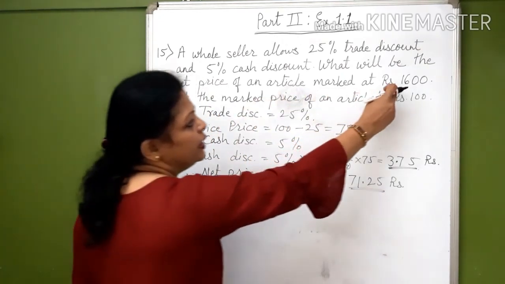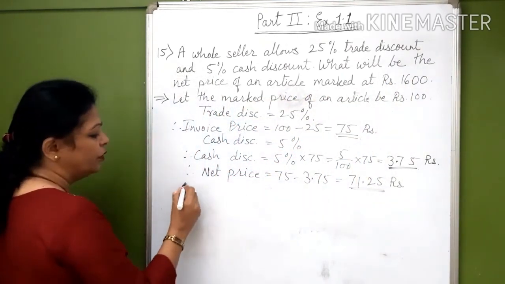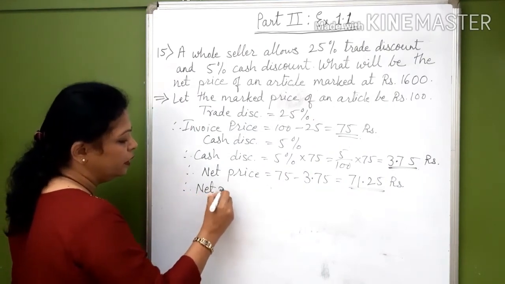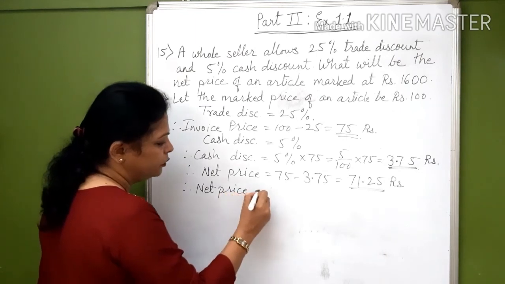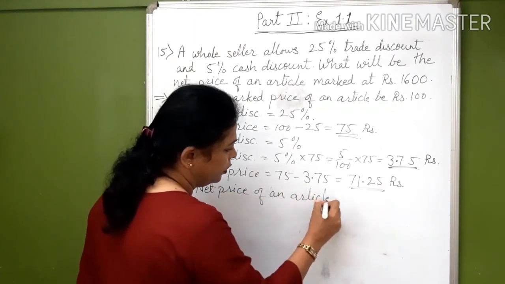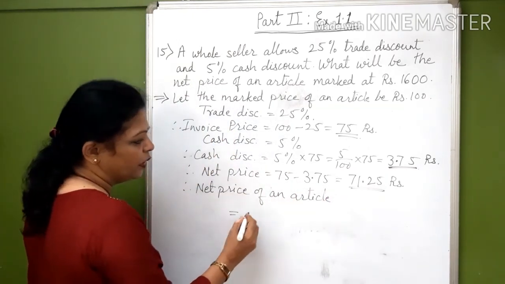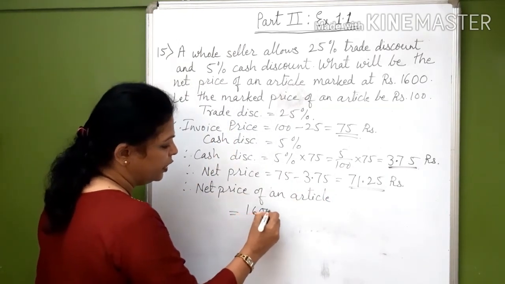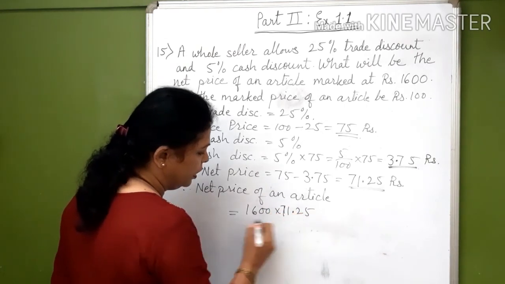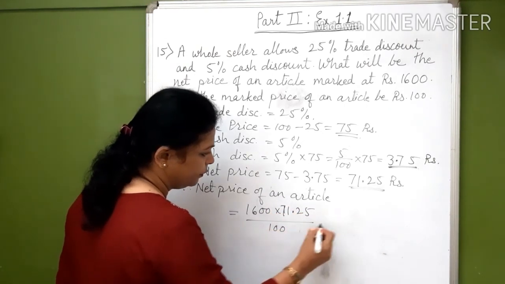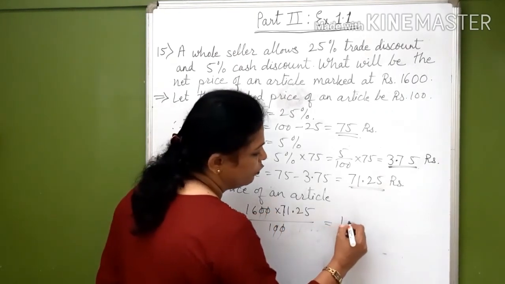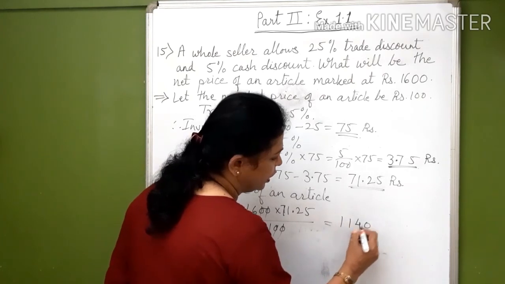So how much for 1600? So we will write net price of an article is equal to 1600 into 71.25 upon 100. So this goes, 2 zeros goes with this. This comes to 1140.